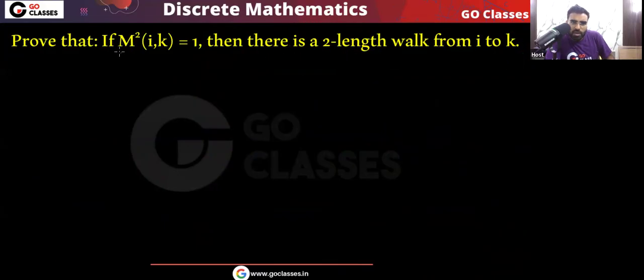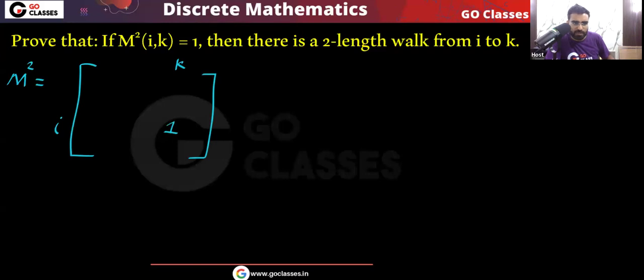The question is saying that in M power 2, the ik entry is already 1. Can you guarantee that from I to k there will be a two length walk? Yes, I can guarantee.